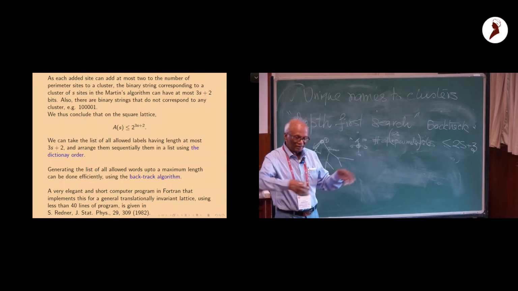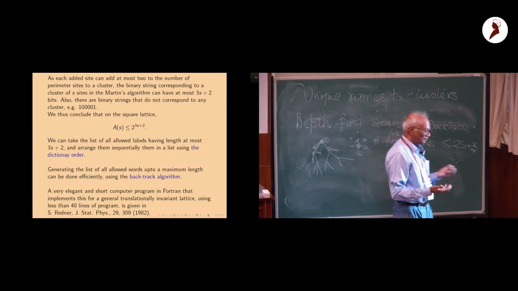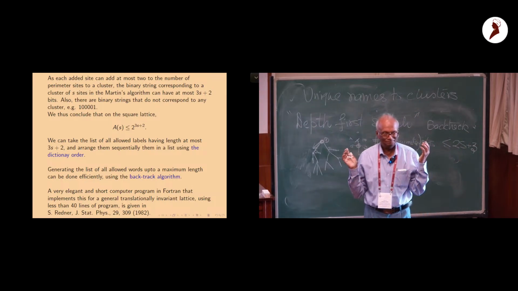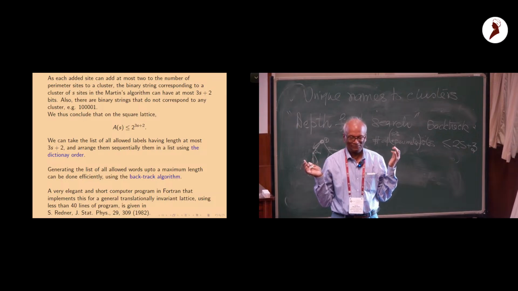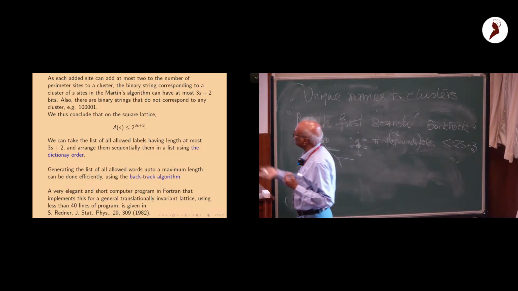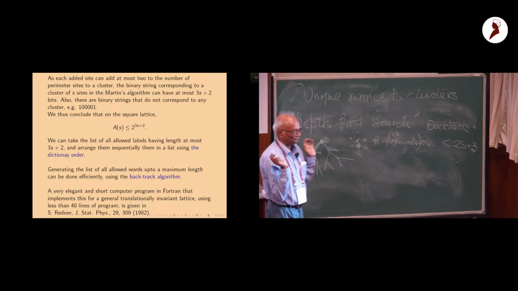Okay? So it's a finite string of that length. How many binary digits are there with that length? 2 to the power that number. So the total number of animals of size s is less than or equal to 2 to the power 3s plus 2. And of course you can extend this argument to any other lattice.